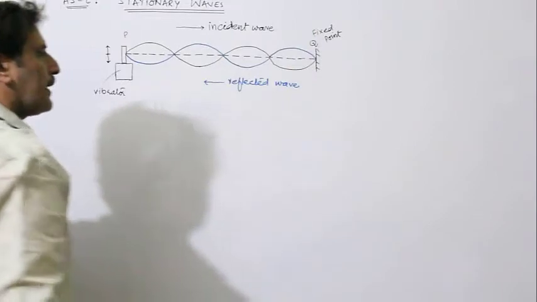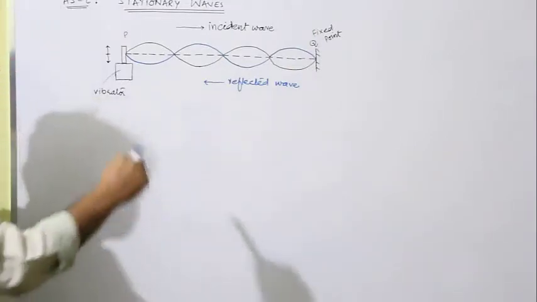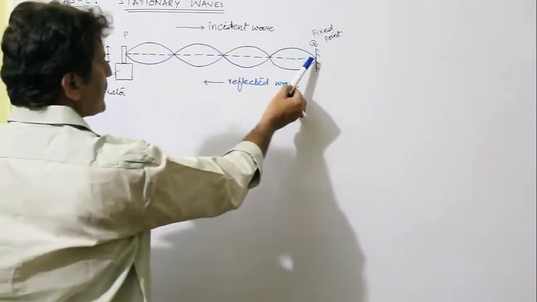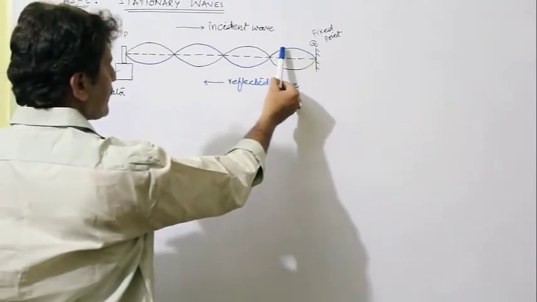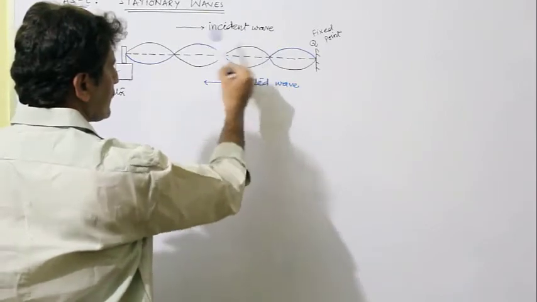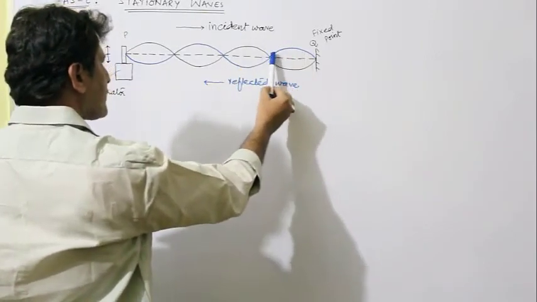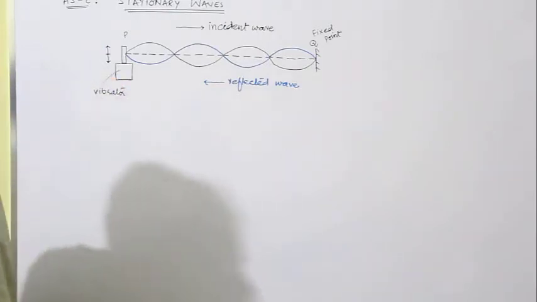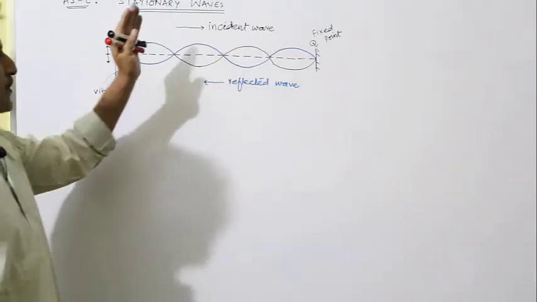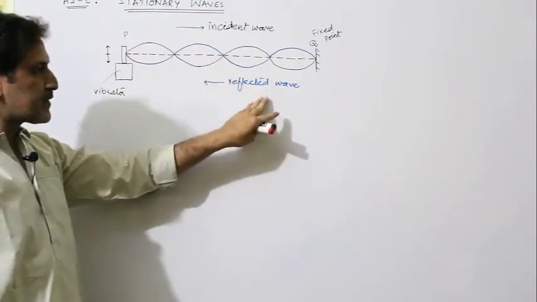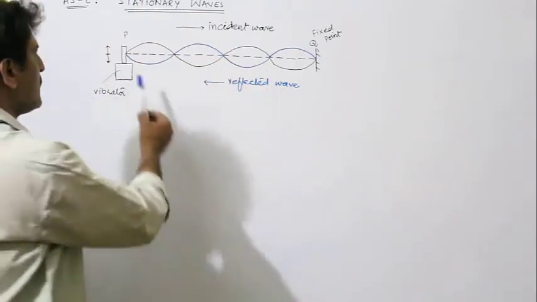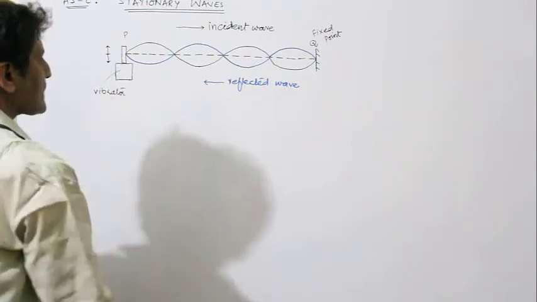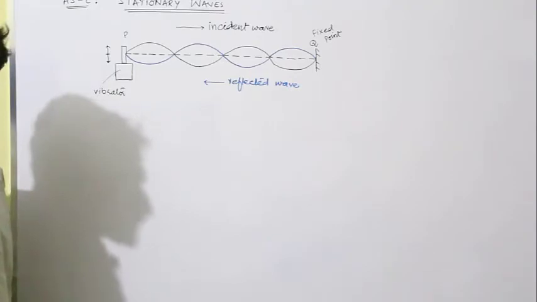After reflecting back from that obstacle or the fixed point, that is Q, now there is a 180-degree phase difference between the reflected wave and the incident wave, and these reflected waves are also formed in the same region with the same speed, and both waves, the incident waves and the reflected waves, have the same frequency because these waves are produced because of the same source, that is the vibrator, which is oscillating vertically upwards and downwards.